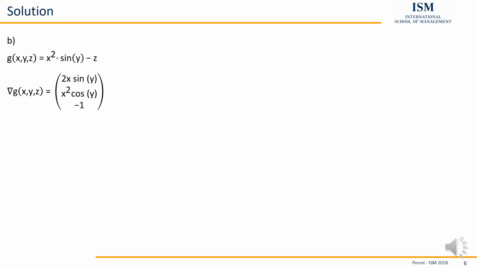Here the 2x remains as a constant, and it's 2x times cosinus y. Then we have x squared times the derivative of the cosinus, which is minus sinus, so minus x squared sinus y, and then 0. And finally for z, there's no z in any of the three of them, so it's 0, 0, 0 as derivatives.